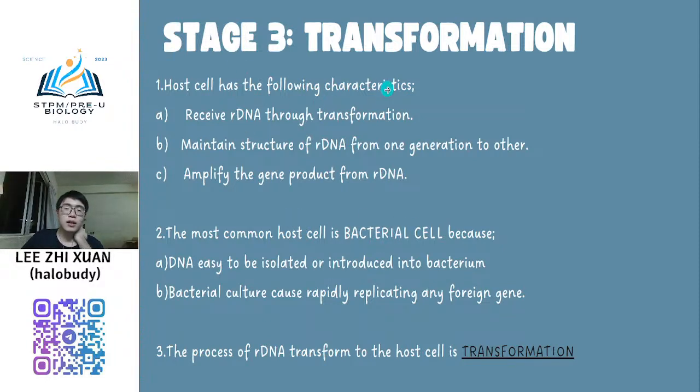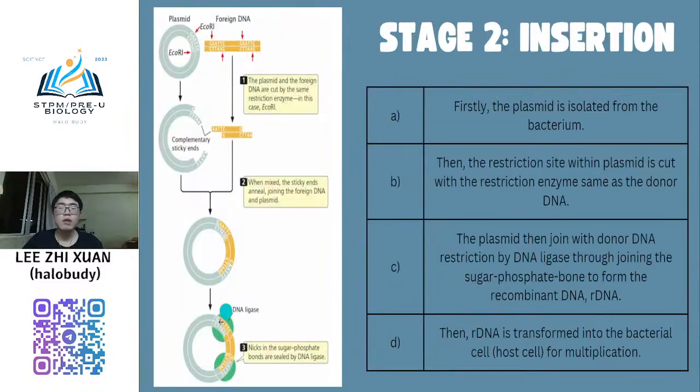So normally the characteristic of the host cell is that it is able to receive recombinant DNA and maintain the structure of the recombinant DNA from one generation to the next, meaning that after these host cells produce more generations, the recombinant plasmid is also very stable.